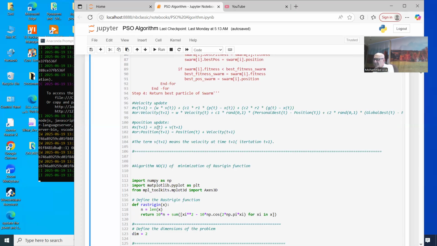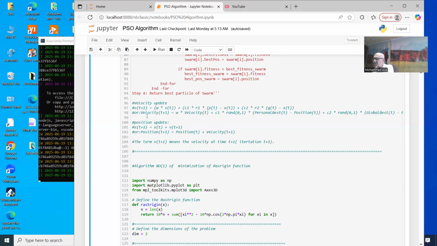If the current position is x of t, where t is the number of the iteration, and we want to see the position x at iteration t plus 1, we add to x of t the updated velocity v of t plus 1.